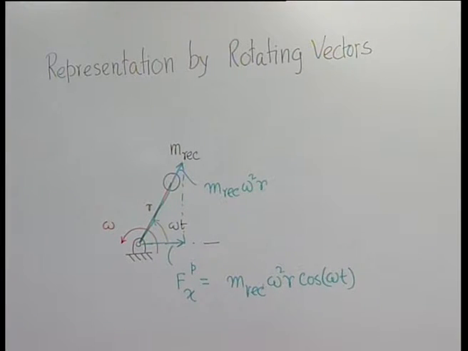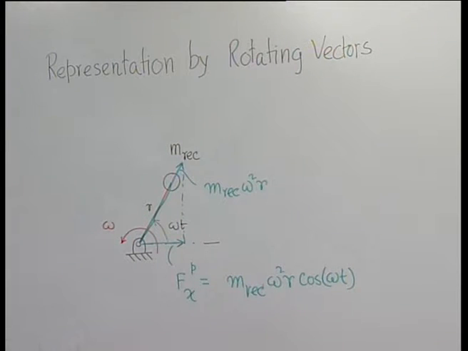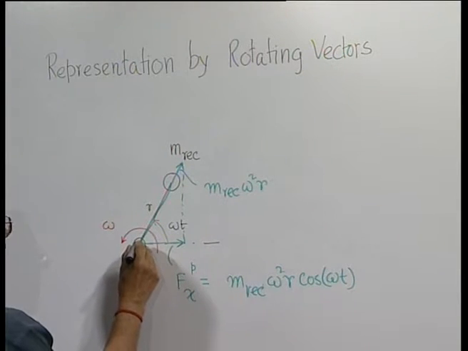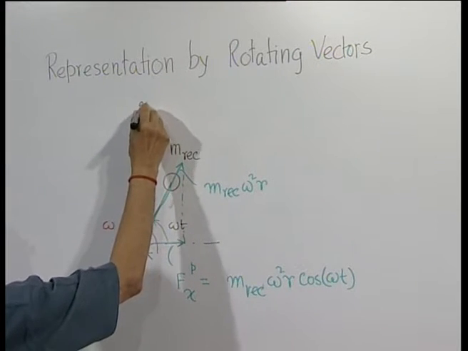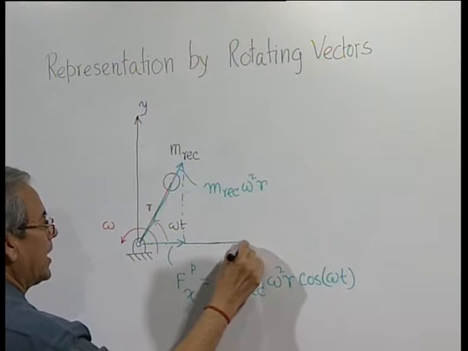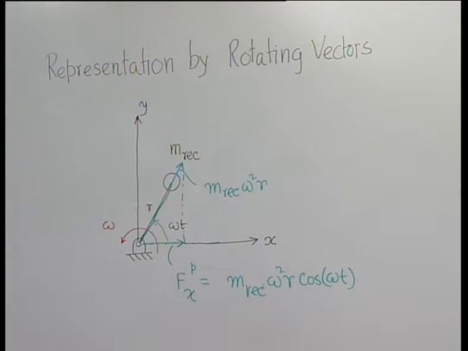Now, of course, we have to all the time keep in mind that it is only this component along x direction that is really existing. The cross component in the y direction is not existing. Now, this will be useful only when we solve problems with multiple cylinders or engines and try to arrive at results employing the same kind of techniques that we have used in rotary balancing.